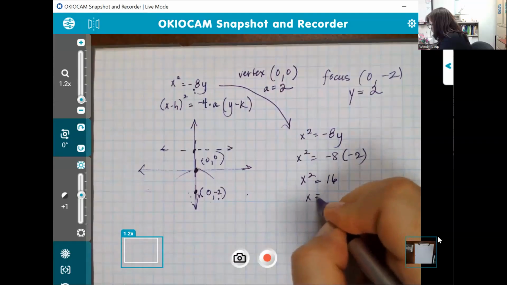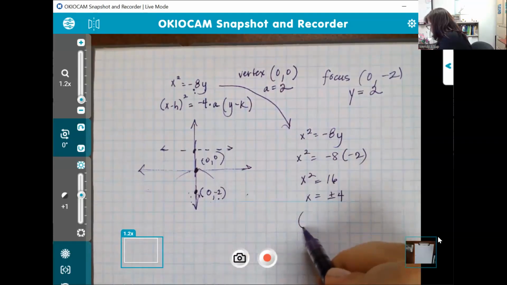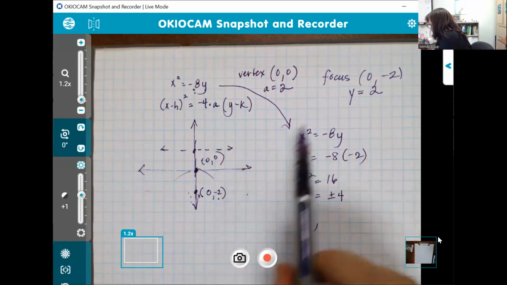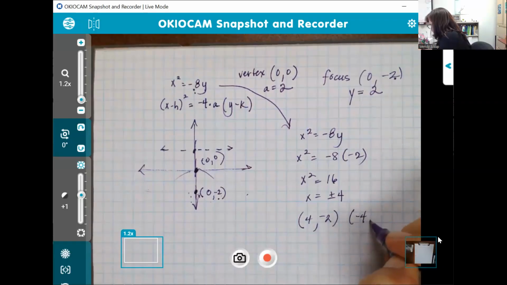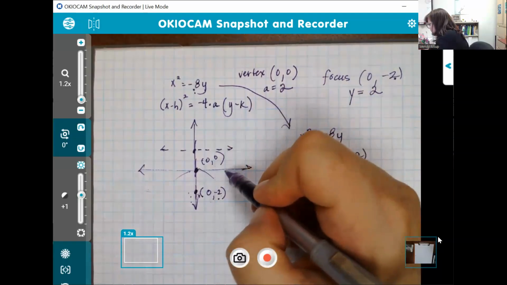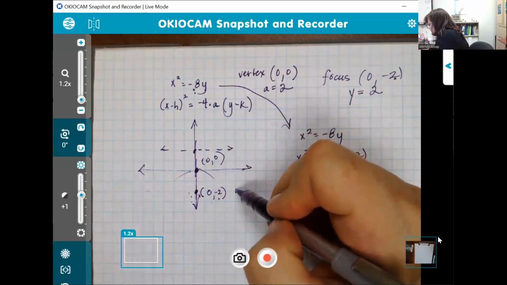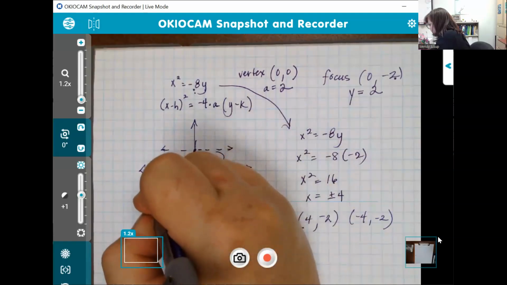So our x therefore must equal ±4. And so that would give us a latus rectum of 4, -2 or -4, -2. Okay. 1, 2, 3, 4, -2, and -1, -2, -3, -4, -2.